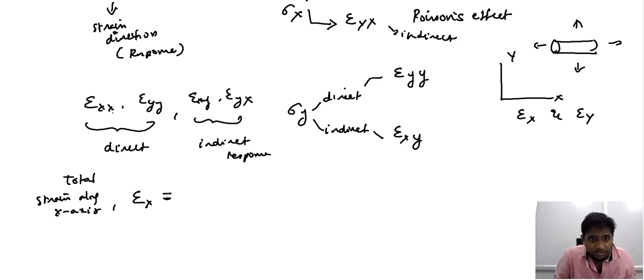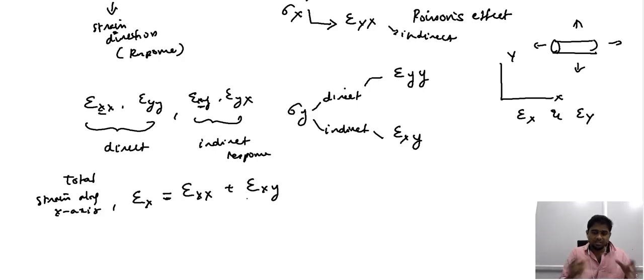The second subscript indicates the load direction. So when you consider these four terms, there are two terms that offer response along the x-axis, that is this term and this term here. Since x is the response direction, the sum of all the responses along the x direction gives us the total strain along the x-axis. Therefore the total strain along the x-axis is epsilon xx plus epsilon xy.